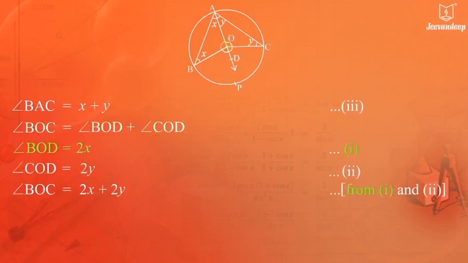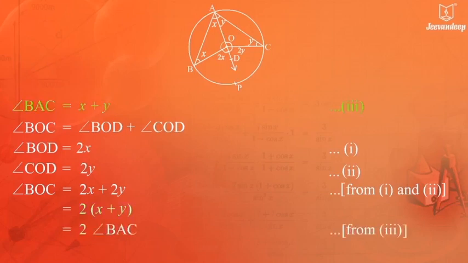From equations 1 and 2, we get angle BOC equals 2x plus 2y equals 2 times (x plus y) equals twice angle BAC from equation 3.